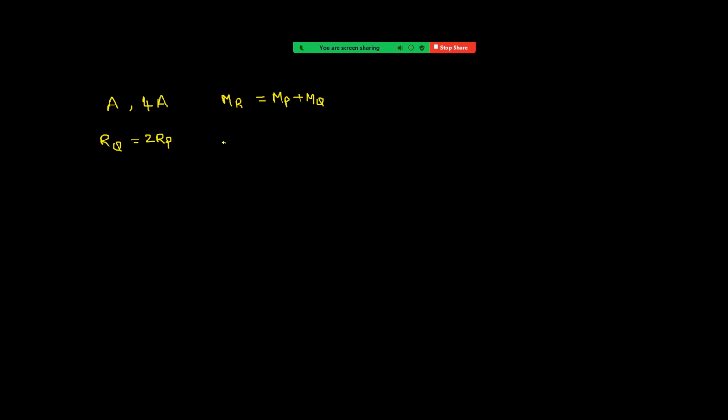If you observe carefully, escape velocity is equal to root of 2Gm by R from the surface. G is a constant. Since we are given the density is the same for all, key point, mass is volume into density, and volume is 4 by 3 pi r cube.